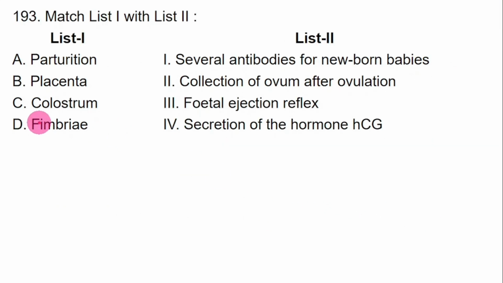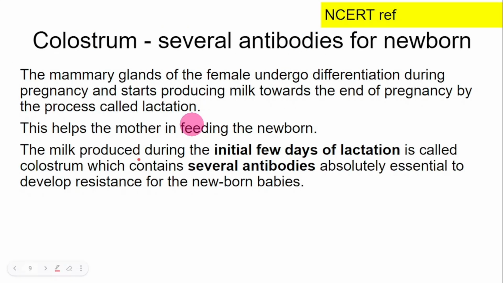Then next one is colostrum. Colostrum is the breast milk which is rich in several antibodies. The milk produced during the initial few days of lactation is called colostrum, which contains several antibodies absolutely essential to develop resistance for newborn babies.